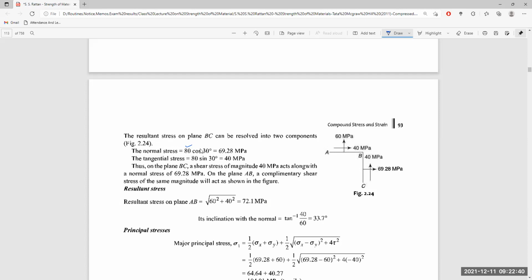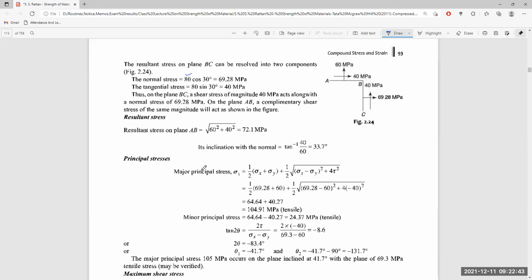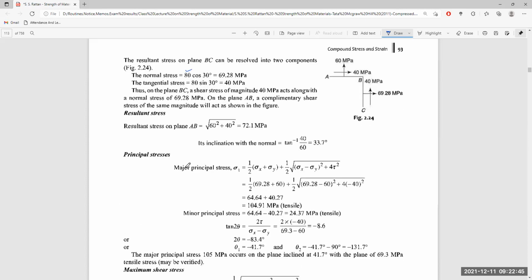Now the principal stress is given by the same equation: half of sigma x plus sigma y, plus or minus the square root of half of sigma x minus sigma y squared plus tau squared, where sigma x and sigma y are 69.28 and 60, and tau is 40, which we have already calculated.